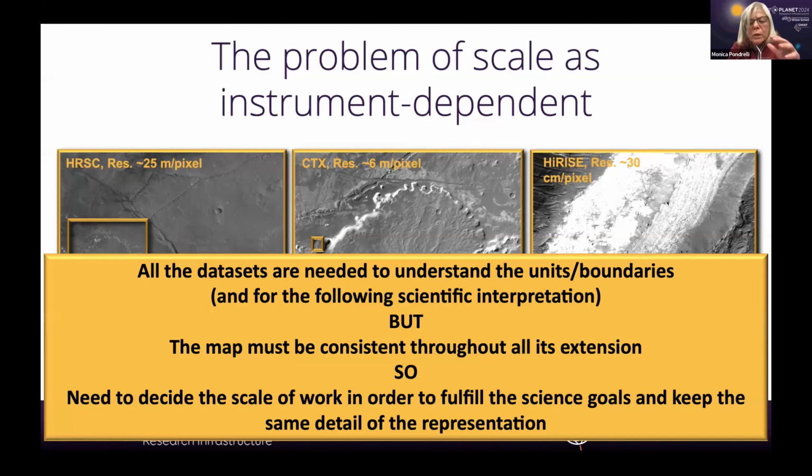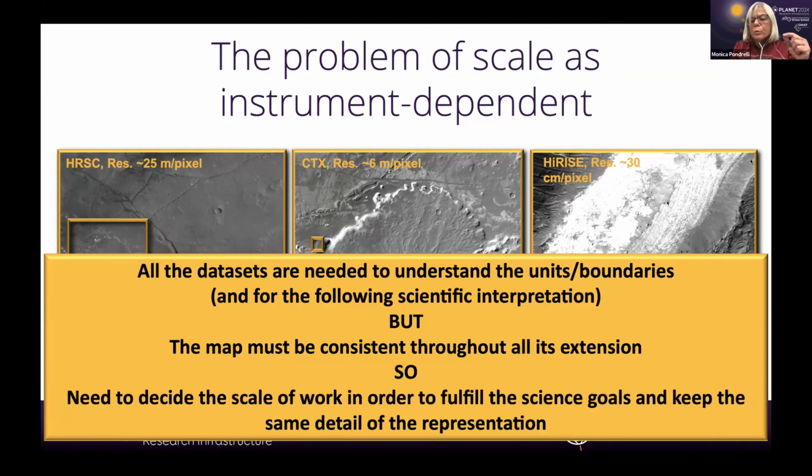When we map, we need to take into account that, of course, we need all the data sets because we want to observe all of the characteristics of the units. And of course, we want to be prepared for the following scientific interpretation after our map is ready. But we have to remember that our map should be consistent throughout all its extension.